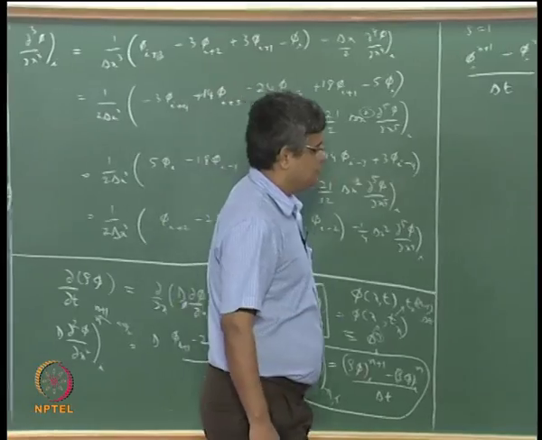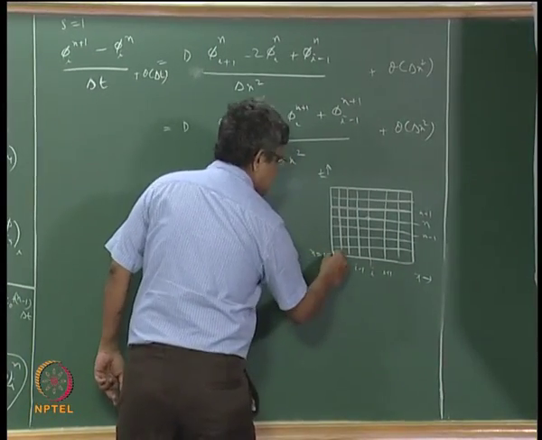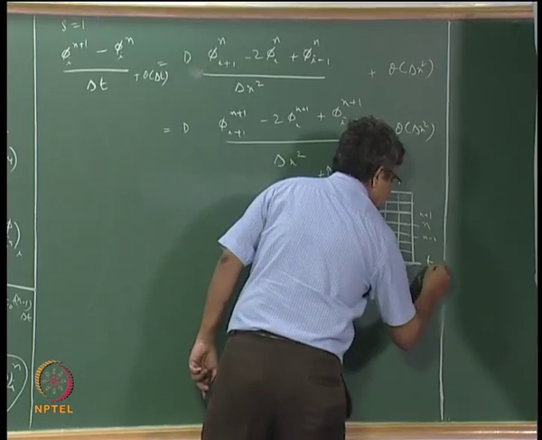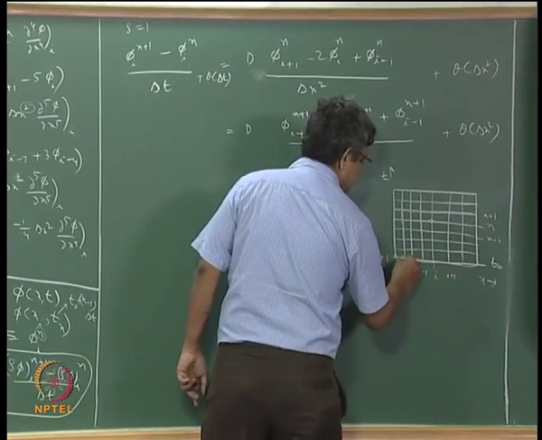Okay, so that means that if you say that this n equal to 1 is the initial condition, this is T naught, then all the values here are specified.